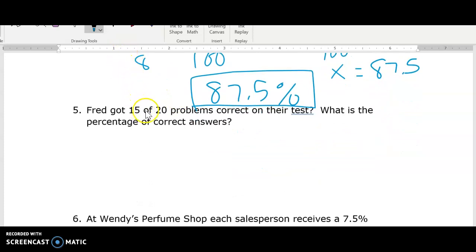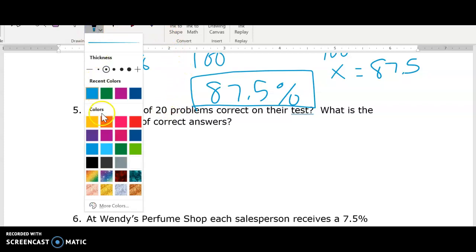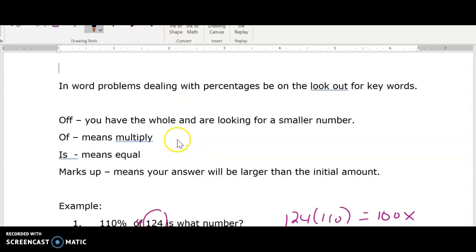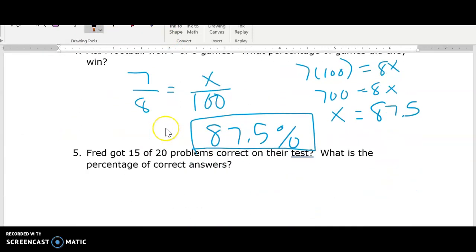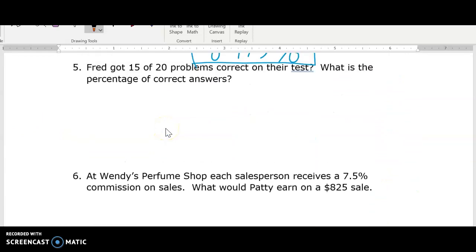Fred got 15 of 20 problems correct. So it's a 20 question test and he got 15 and we want to know his grade. So 15 of 20 equals x over 100. What is the percentage? This is how we actually figure out grades.